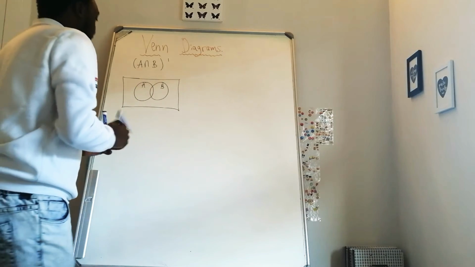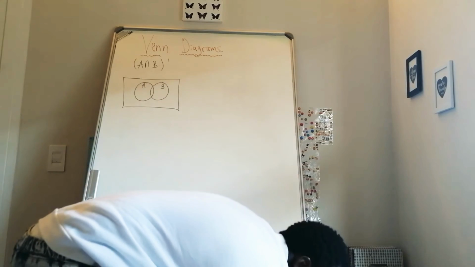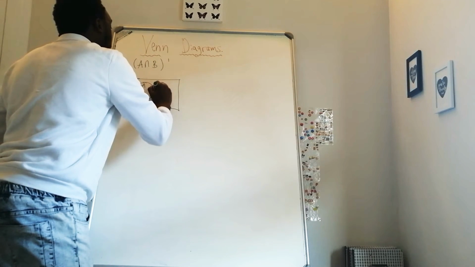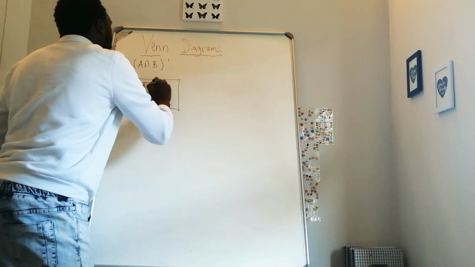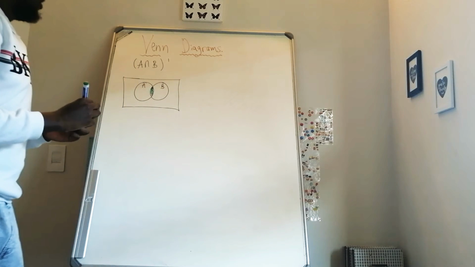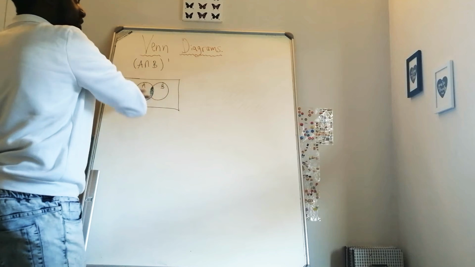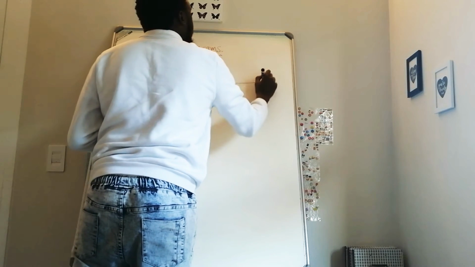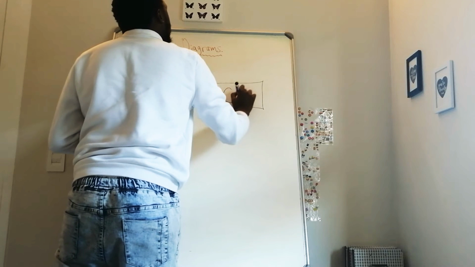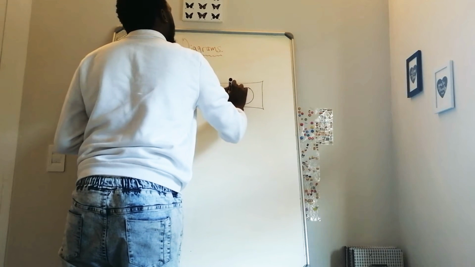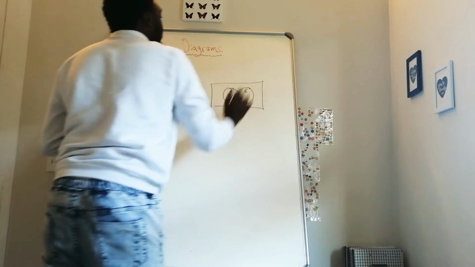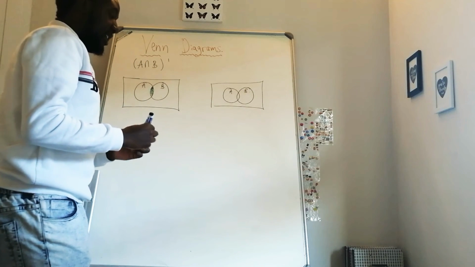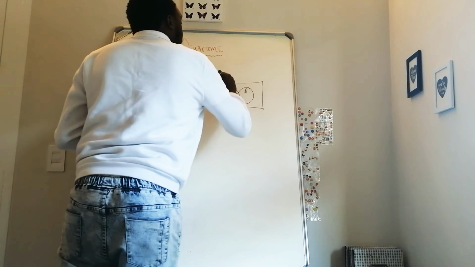The only place they intersect is here. Right? And so what is the complement of all of this? The complement of that, the opposite of that, would just look like everything beside that small area there where A and B intersect. So it looks like this.